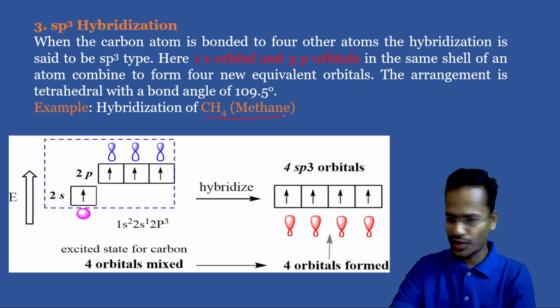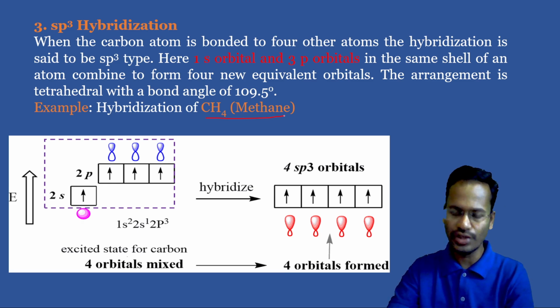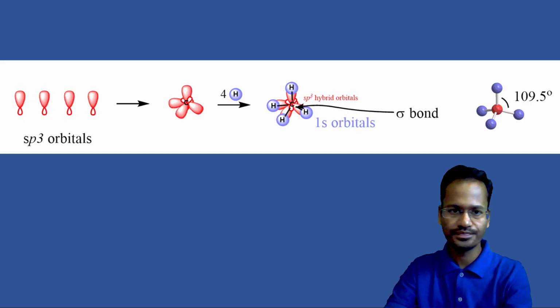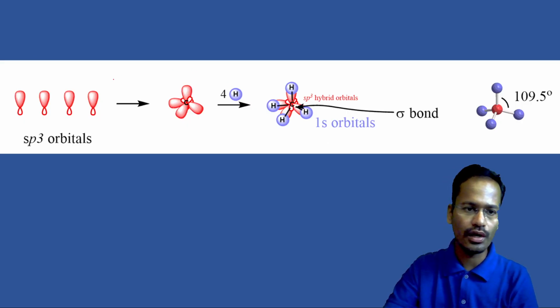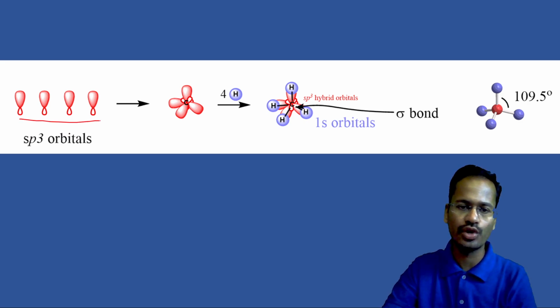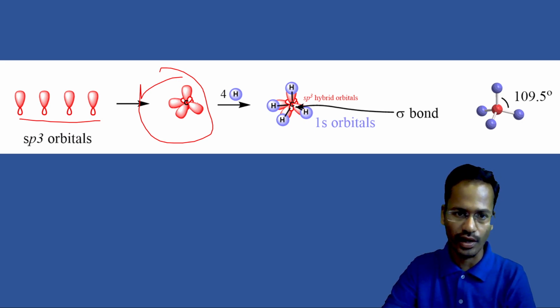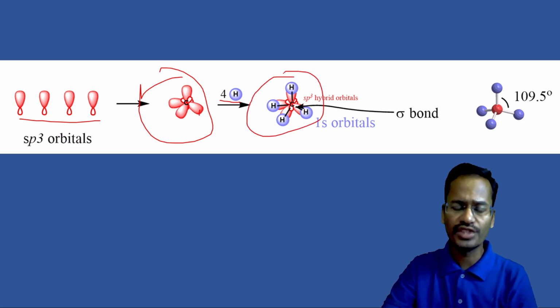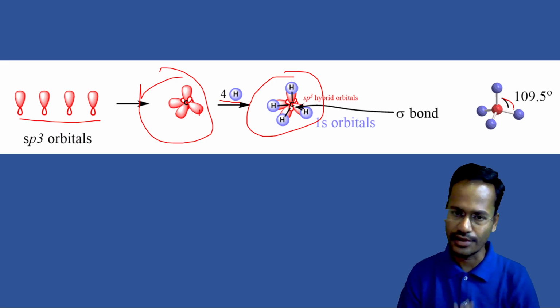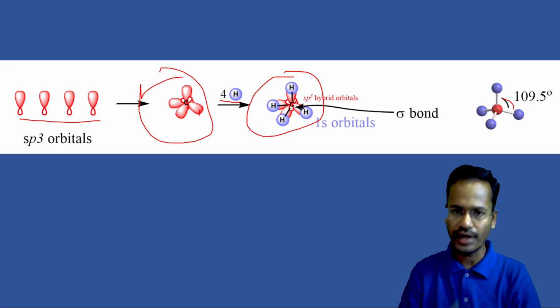Let us see how these orbitals are arranged and how the bonds are formed. There are a total of 4 hybridized orbitals, and all 4 hybridized orbitals are arranged in a tetrahedral shape, where each orbital is going to bond with a hydrogen to form 4 sigma bonds in CH4, and the bond angle is going to be 109.5 degrees.